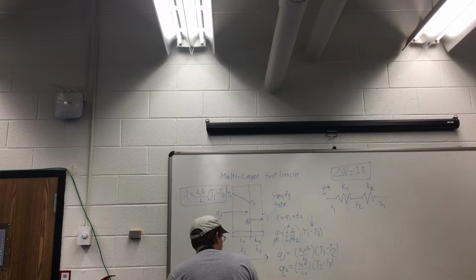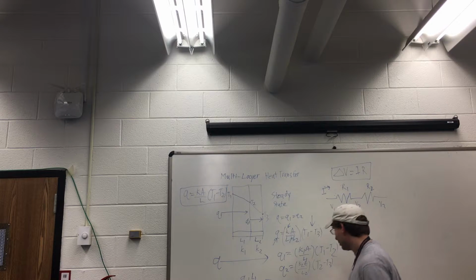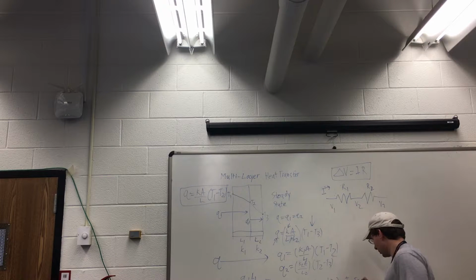So what we will get is Q1 L1 over K1A is equal to T1 minus T2. Q2 L2 over K2A is equal to T2 minus T3. Add these together, I'll pull out the Q so I don't forget to do that. And then, so basically what we have is Q times L1 over K1A plus L2 over K2A equals T1 minus T3.